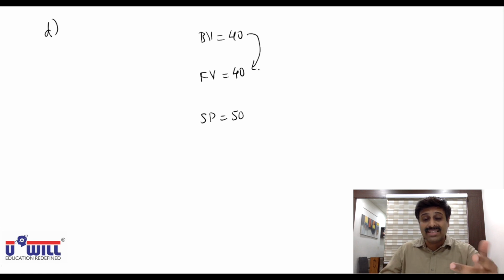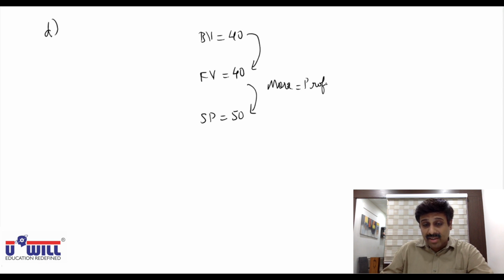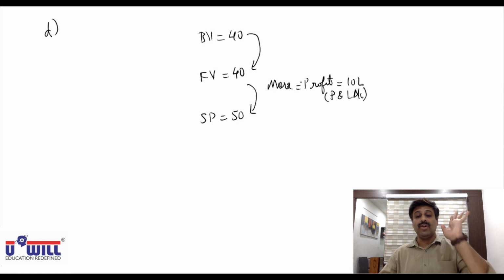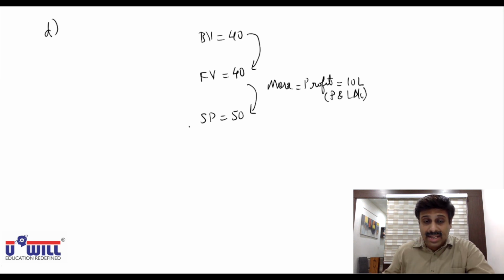More, ignore. Less, recognize immediately in P&L. But here it is neither more nor less. It is the same, so no point comes. Ignore it. Now 50 is more, not less. More means a profit of 10 lakhs, which you will take immediately to P&L account.